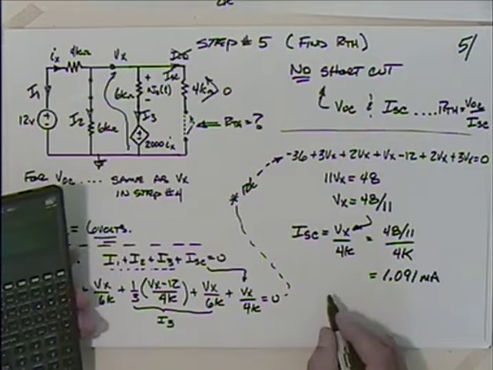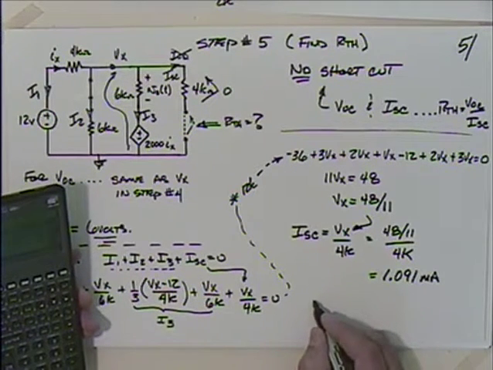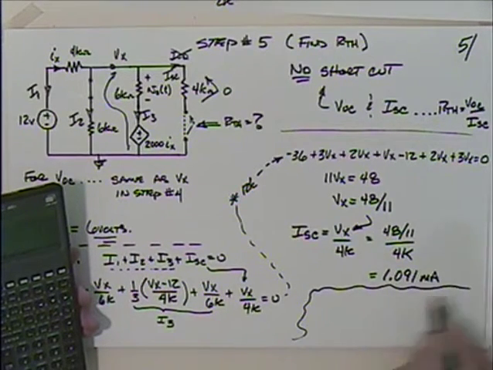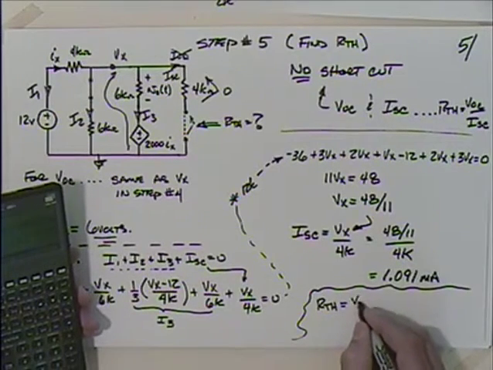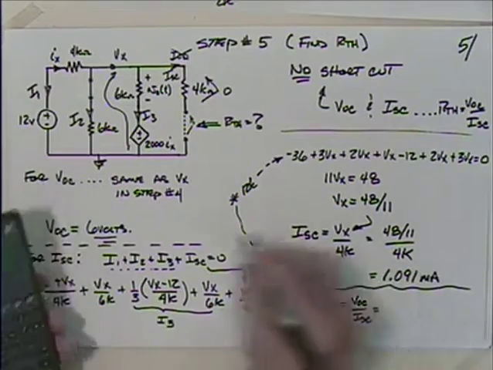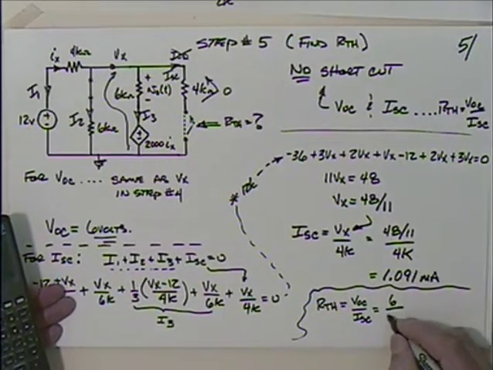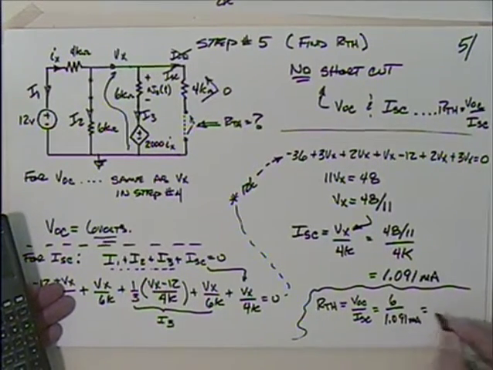So I could say then that R Thevenin, let's carve out a little space here. R Thevenin is equal to V open circuit divided by I short circuit. Do we get V open circuit? Yeah, that was 6 divided by 1.091 milliamps.